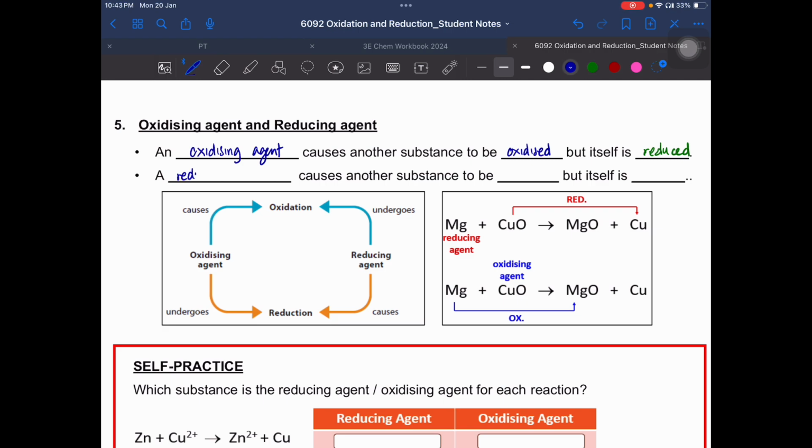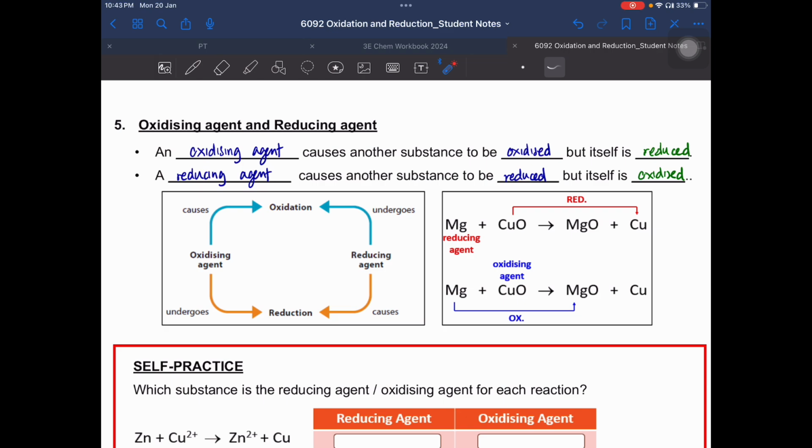And then a reducing agent, in terms of what it does, it causes another substance to be reduced. But in doing so, it actually causes itself to be oxidized. So these are two terms that you'll be seeing in this section of the notes. We have gone through what exactly oxidation is, what exactly reduction is, but now we're just putting a term to describe the chemical that actually causes that.